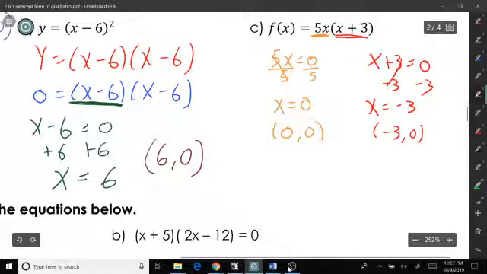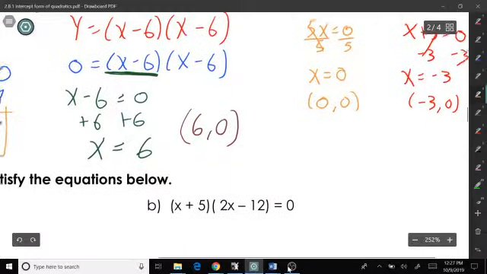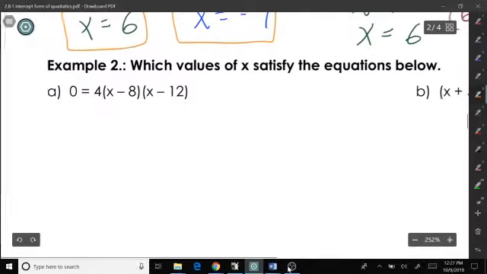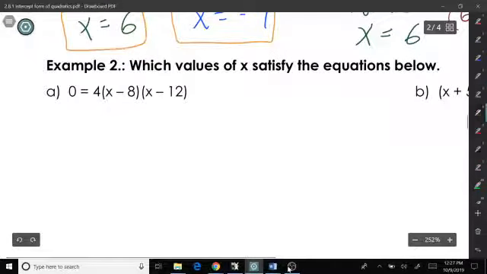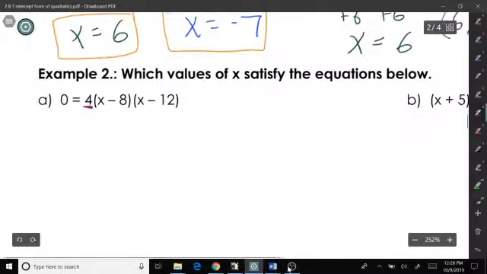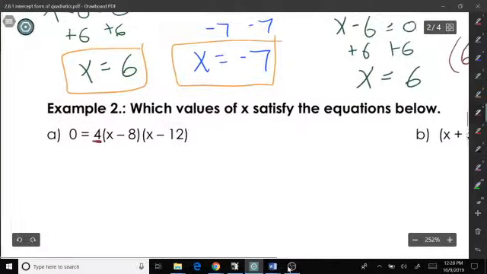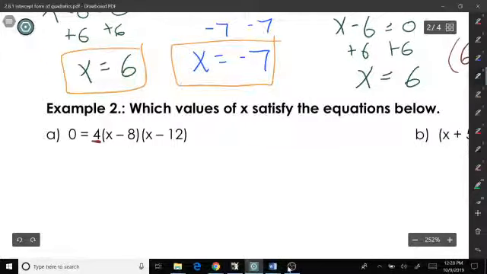So if we have an x in front like this, that means we have to set that equal to 0. You'll see down here, okay, we have a 4 in front. There's no x. So we're not going to set that 4 equal to 0. Again, up here, that was 5x. So that's why we set that equal to 0. 5x equals 0. Down here is just 4. So we don't need to do anything with that.